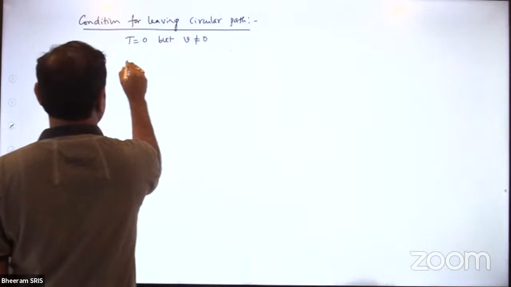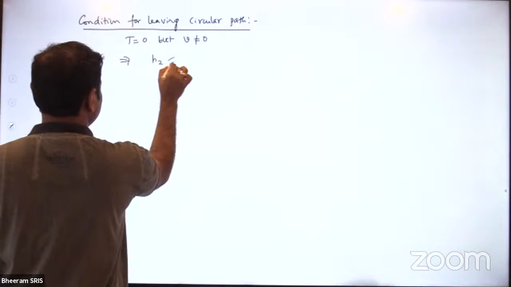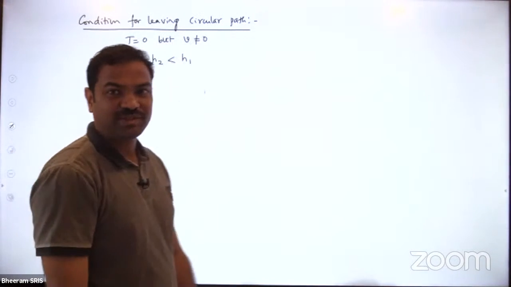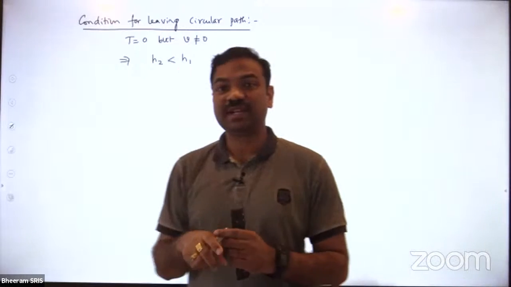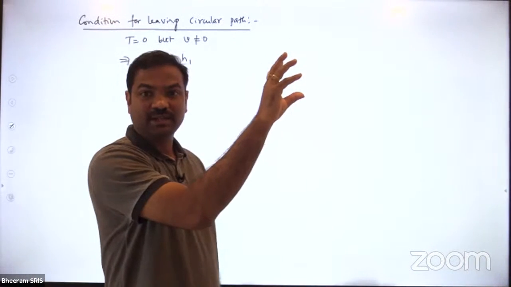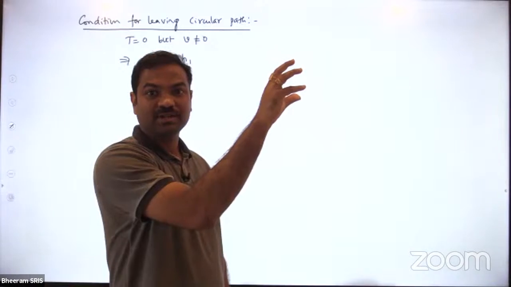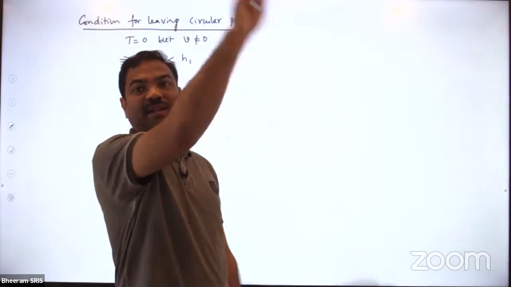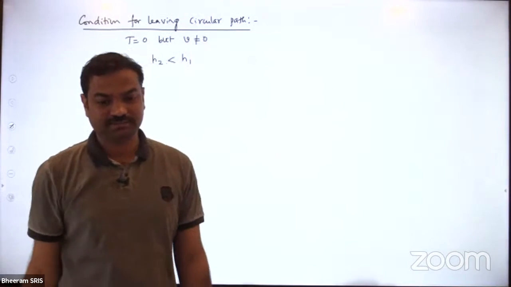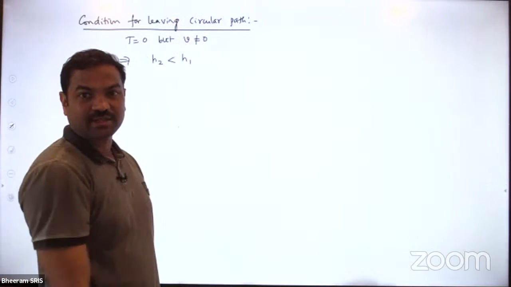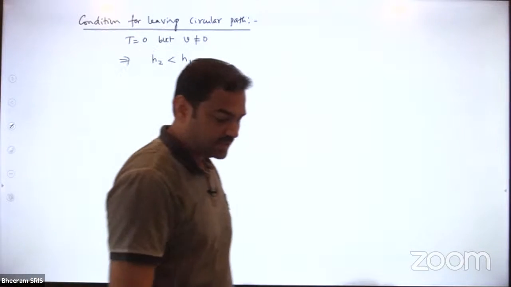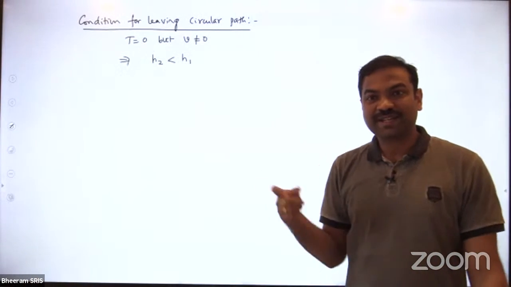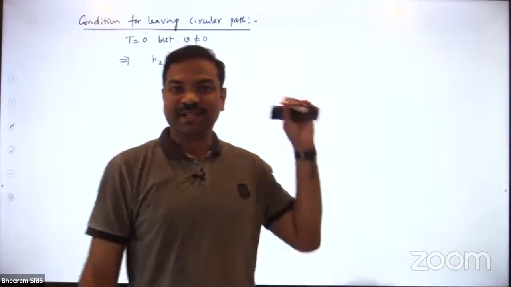So that means this happens when H2 is less than H1. When H2 is less than H1, first which height will it go to? Pendulum will go to H2 height. So tension will become zero and it will leave the circular path, then it cannot reach the H1 height. So velocity never becomes zero. Logic you understood? Whichever is zero, that height should be less. Here tension has to be zero.